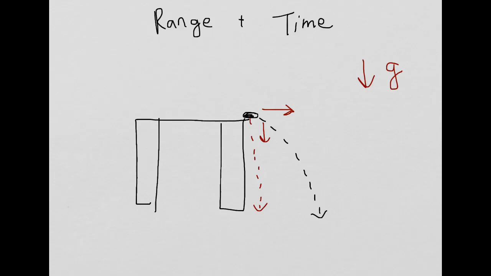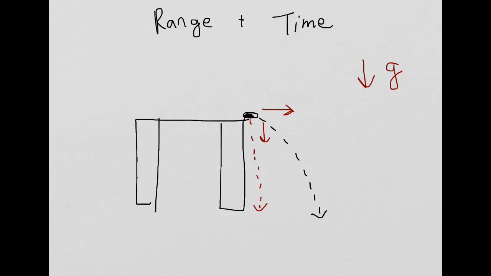Okay, so if they have the same initial vertical velocity, they're going to hit the ground at the same time, because gravity only works on vertical components, not horizontal components. So flight time, the time it takes for an object to hit the ground, is independent from range.